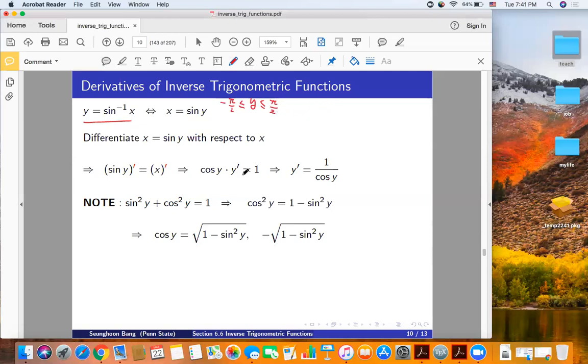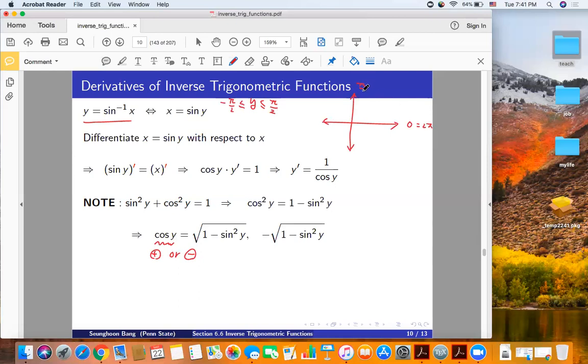But next, we can check whether cosine of y is positive or negative. How can you check? We use it here. Draw the quadrants. This is angle 0, also 2 pi.